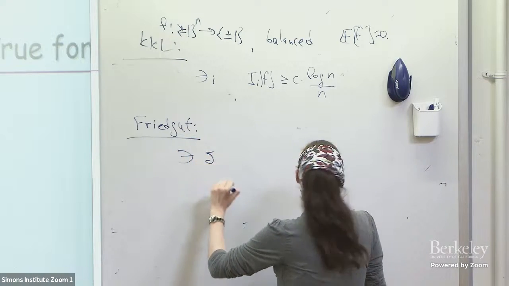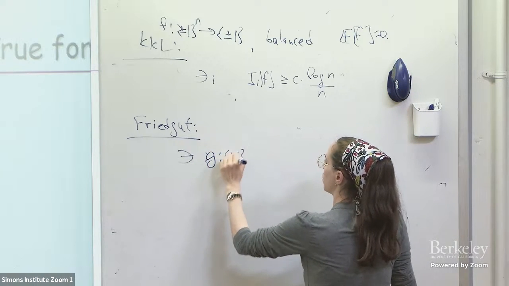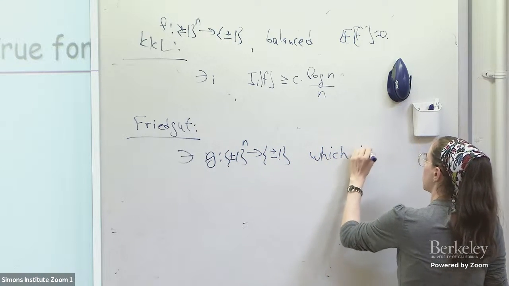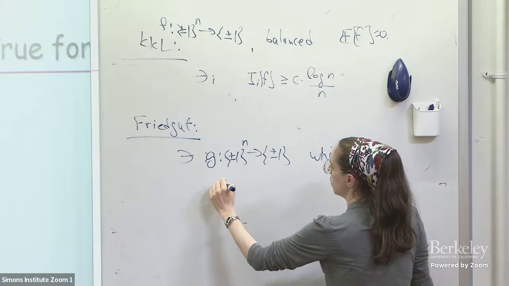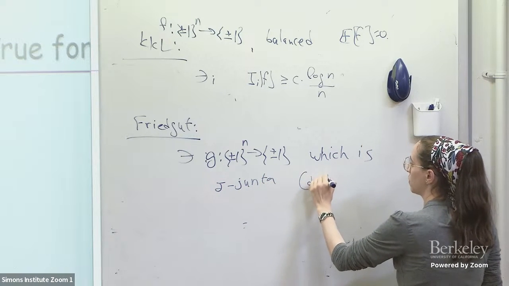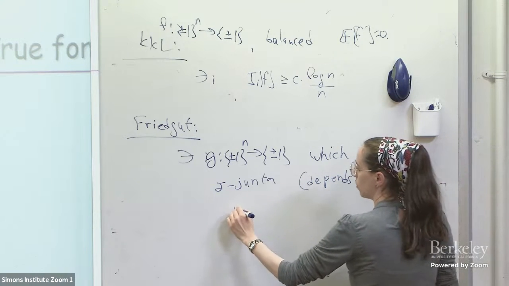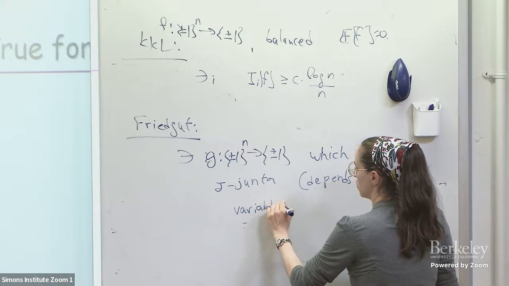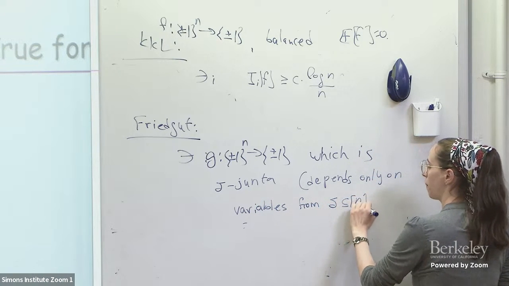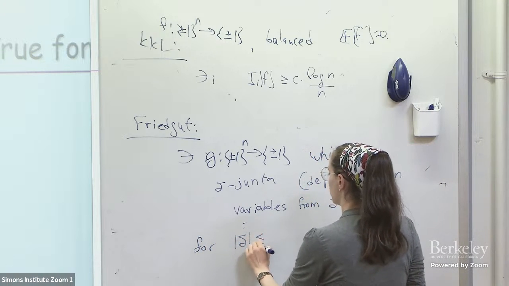There exists a function G, a junta, meaning that it depends only on variables in a set J, where J is not too large.